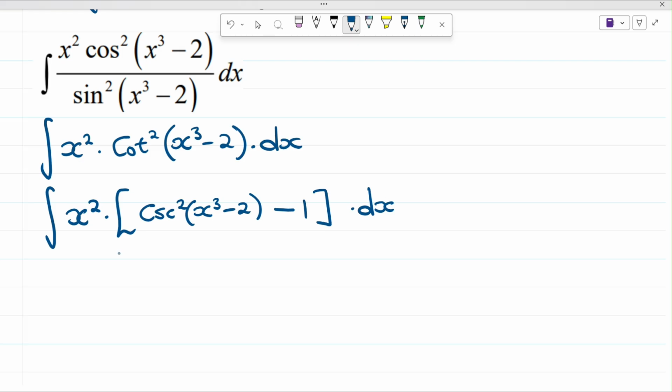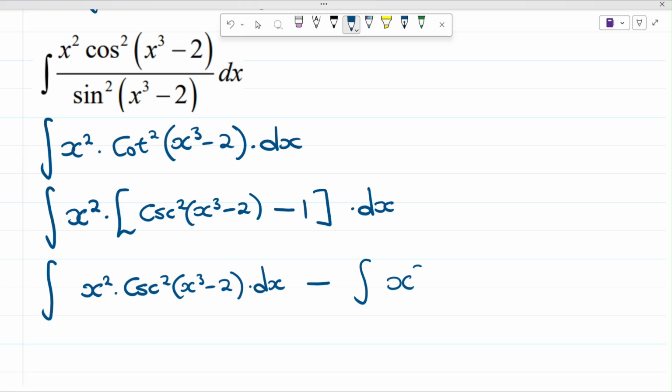And then from there, we are going to multiply this bracket by this x squared. So we'll end up having x squared multiplied by cosec squared of x cubed minus 2 dx minus the integral of x squared dx.